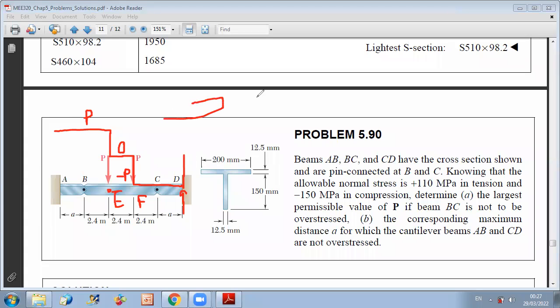Because whenever you take left and right parts, you can see the convention of V. So if you put a mirror here, you have anti-symmetry about it for V. However, for the bending moment, you have symmetry. This is why you will get symmetrical behavior in bending moment.